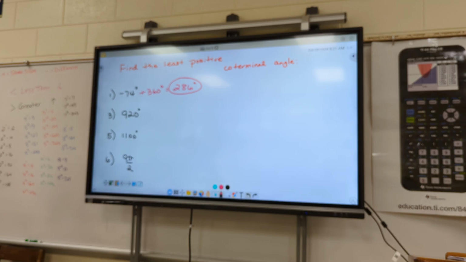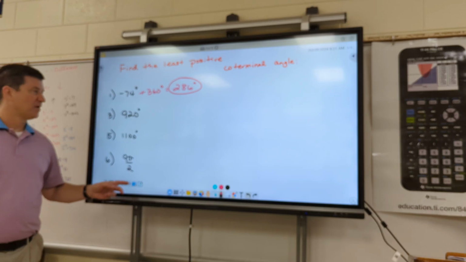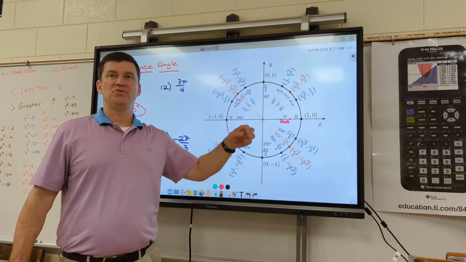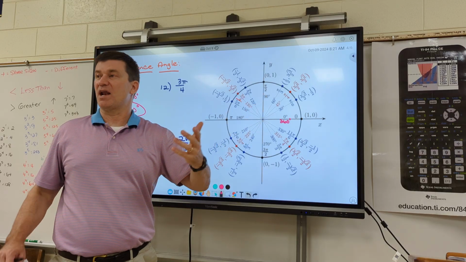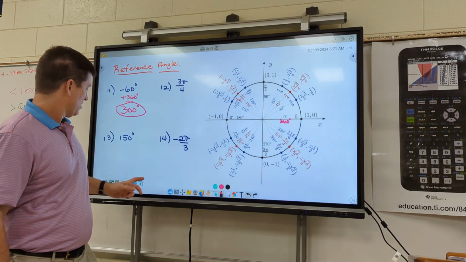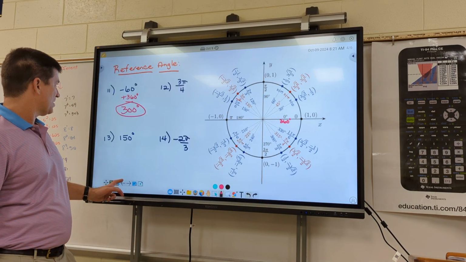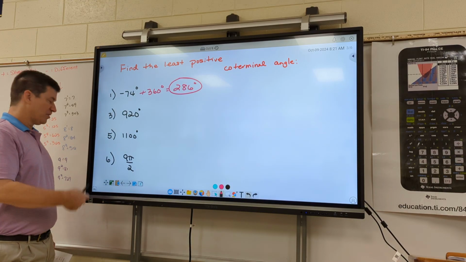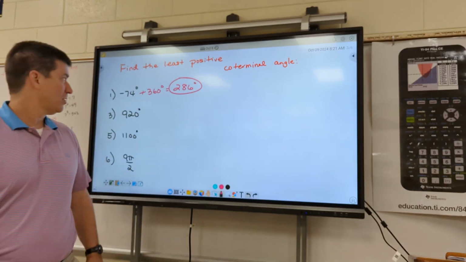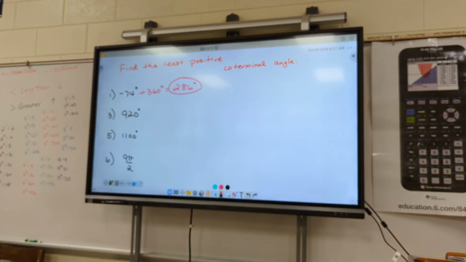All right, now number 3. What's the problem with number 3? It is a positive number. What's the problem with it? Higher than 360. Guys, if it's bigger than 360 degrees, you got to make it the smallest angle possible that would be on the circle. So it's got to be in between 0 and 360. You would minus 360 from it. So take your calculator, do 920 minus 360, see what you get. 560.